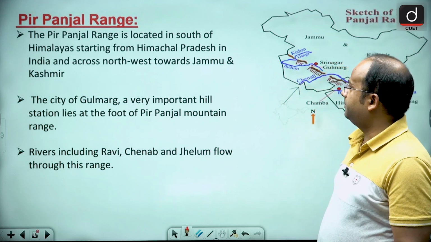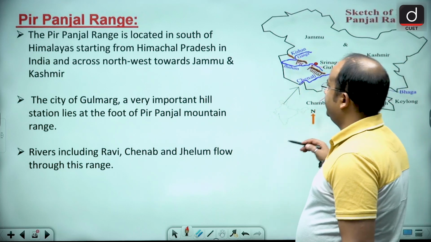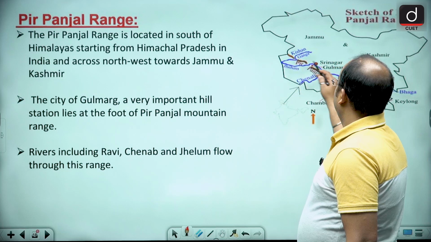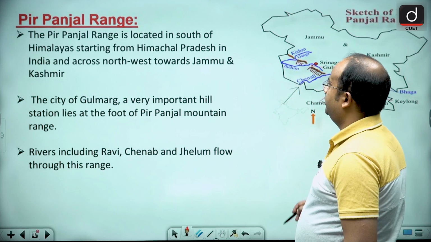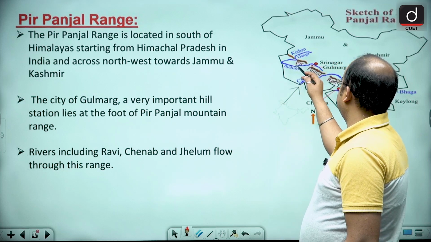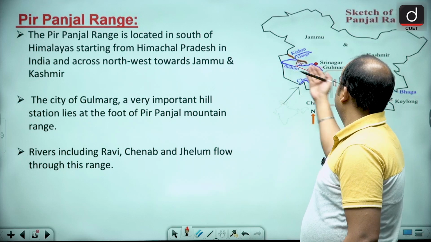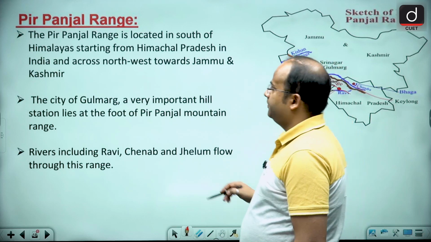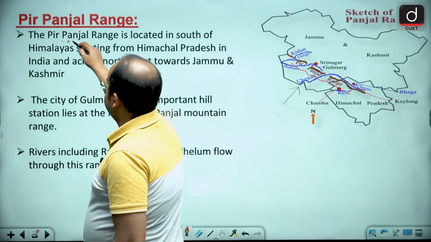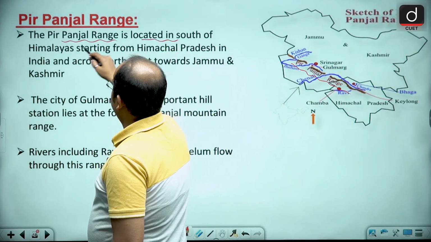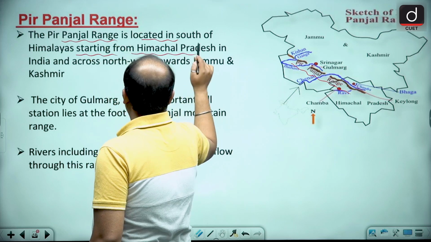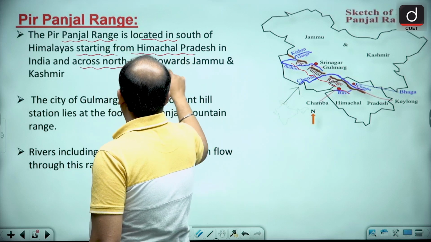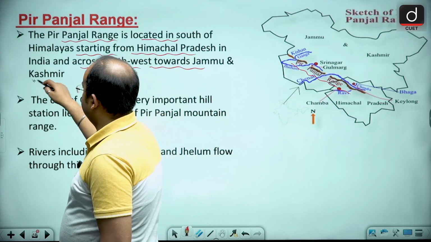Next we have, guys, the Pir Panjal range. The Pir Panjal range is located in the south of Himalaya, starting from Himachal Pradesh across the northwest towards Jammu Kashmir.